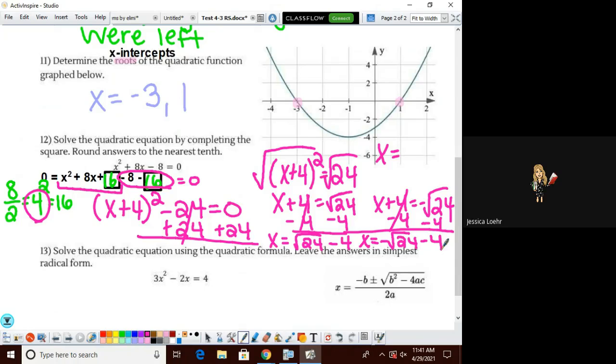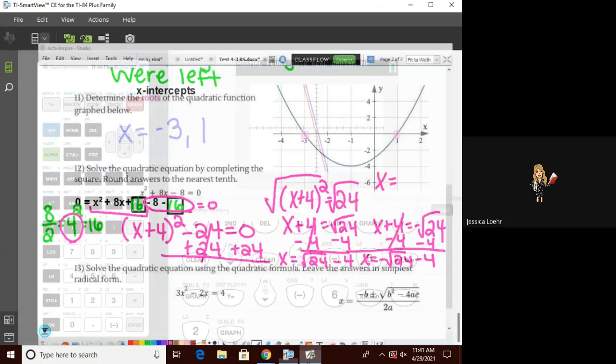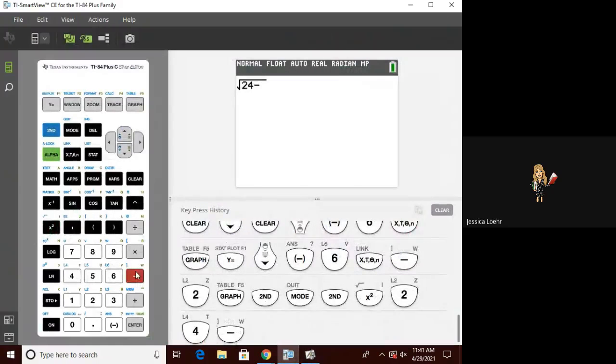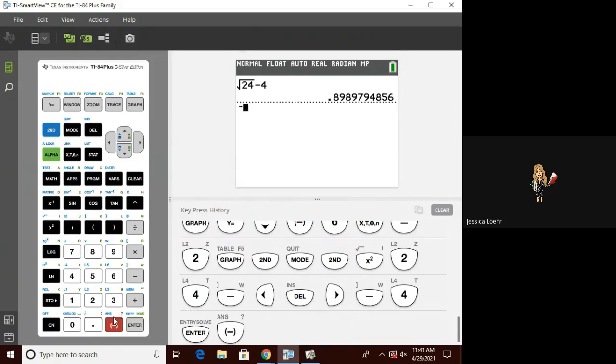Now, this question is asking for it to the nearest tenth. So you have to plug those into your calculator and round it. Rad 24 minus 4 and negative rad 24 minus 4.